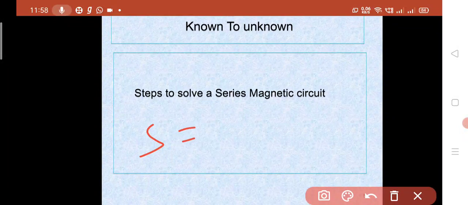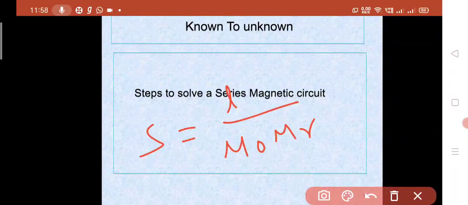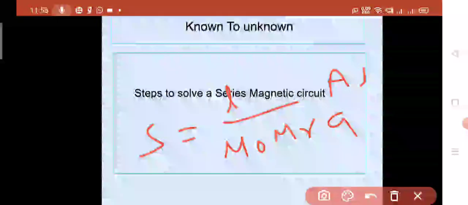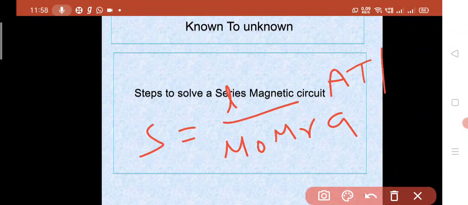Reluctance is denoted by the letter S. We can write the formula: S = L / (μ0 μr A), ampere turns per Weber.